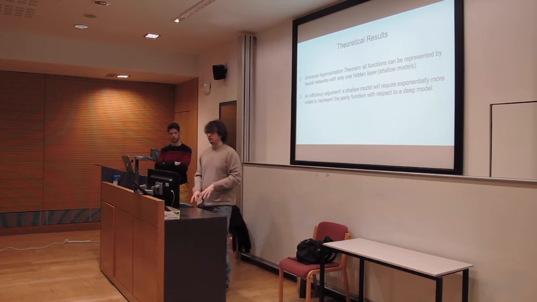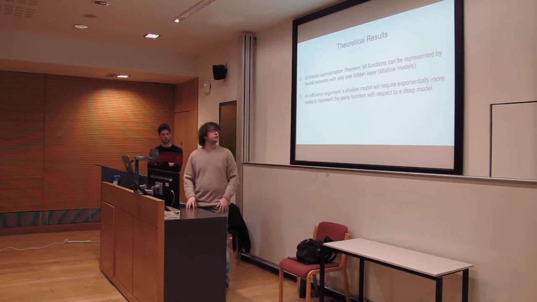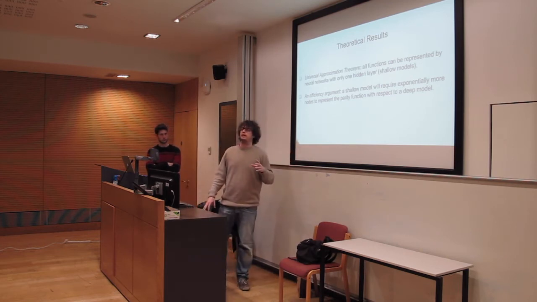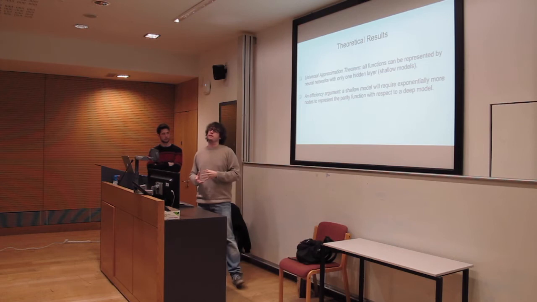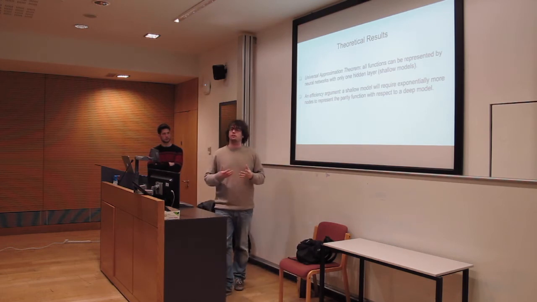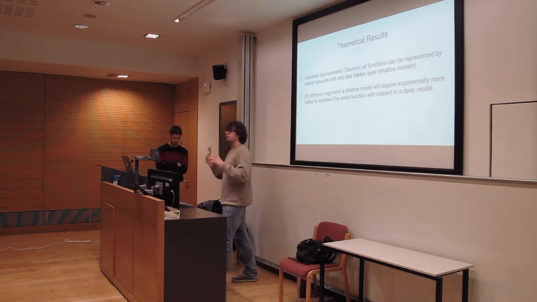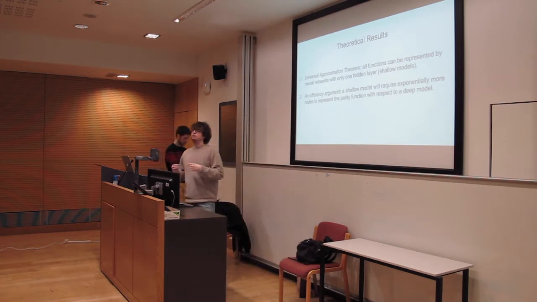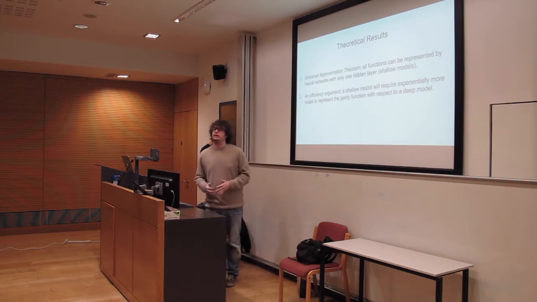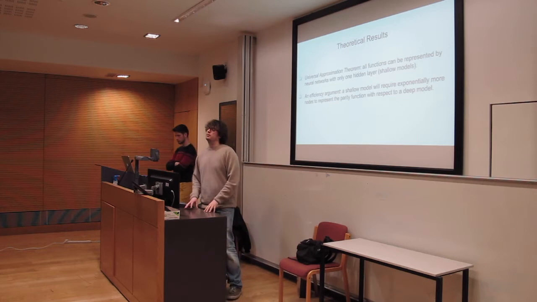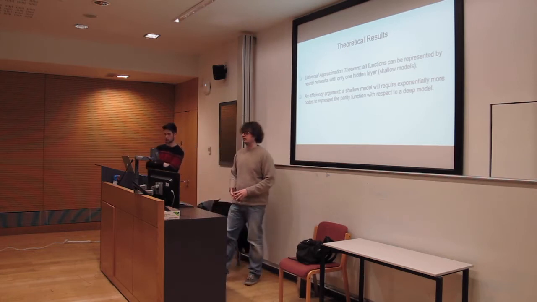The benefit is that they usually require an exponentially smaller number of nodes, and each node is a set of parameters which you must train. So using a very simple architecture with just one hidden layer would most often require you to have a huge number of nodes on that layer, and this will hurt the performance of your model, because it will be very difficult to train it effectively.